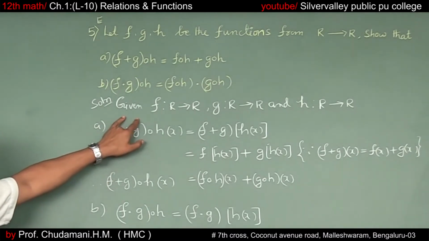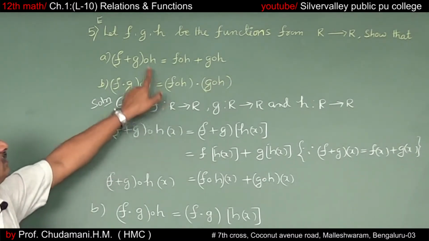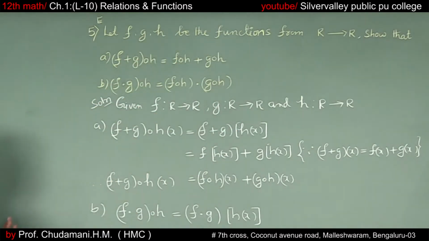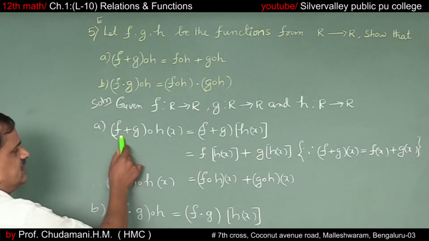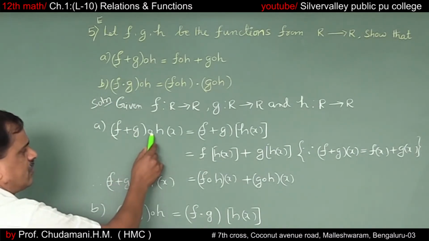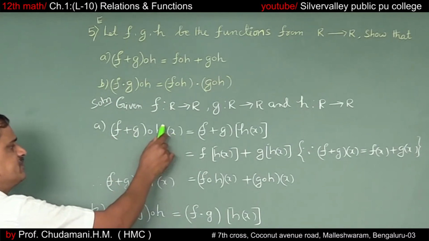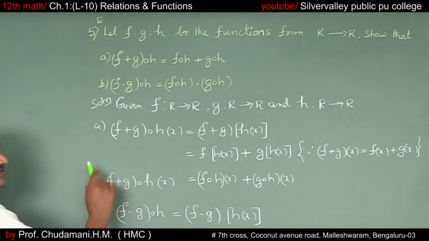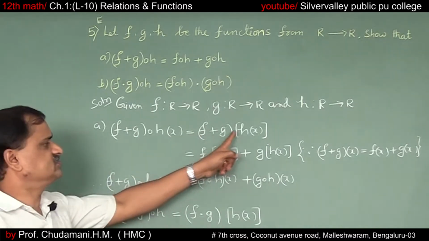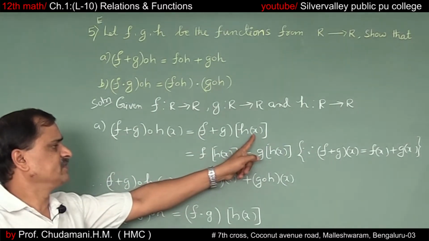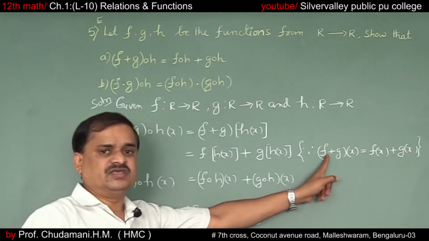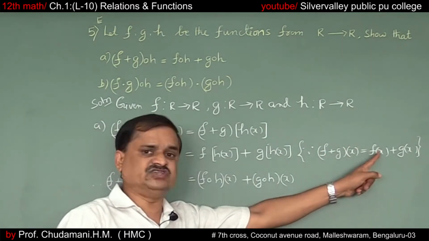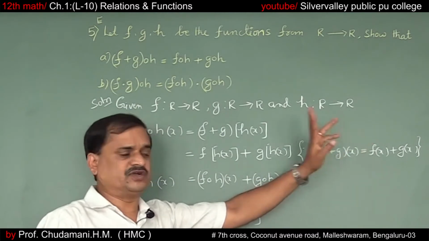Solution. Given f from R to R, g from R to R, h from R to R. Let us take the first case. (f plus g) composition h of x. So the composition of h and (f plus g) is equal to (f plus g) of h of x. Now we know that (f plus g) of x can be written as f of x plus g of x, addition of two functions.